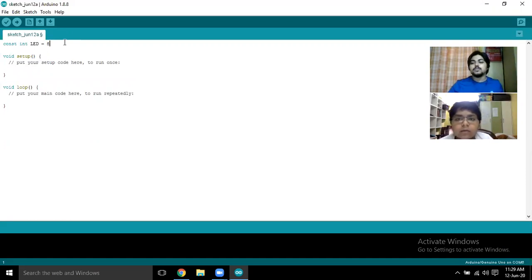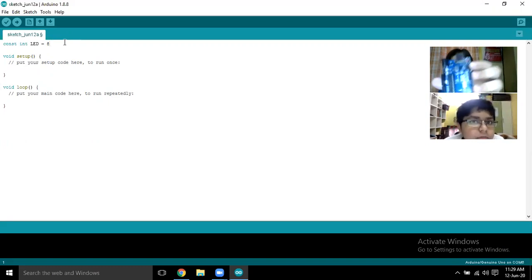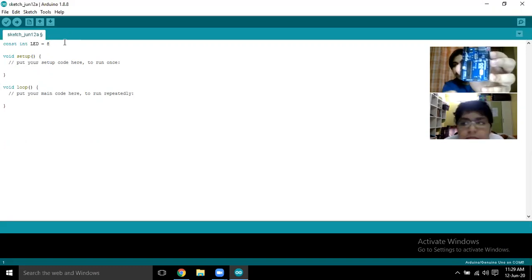Now I will be coming to what is digital and what is analog. In the Arduino board which you are seeing, there are some slots. One slot is over here, one slot is over here, and another long slot is over here. This long slot from the very beginning to the end is the digital pin section.